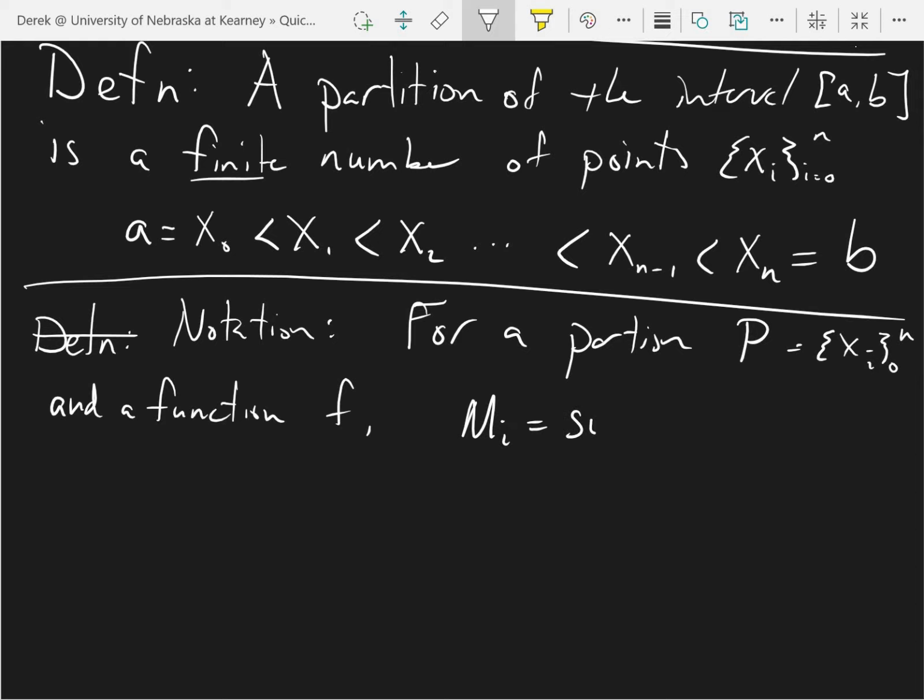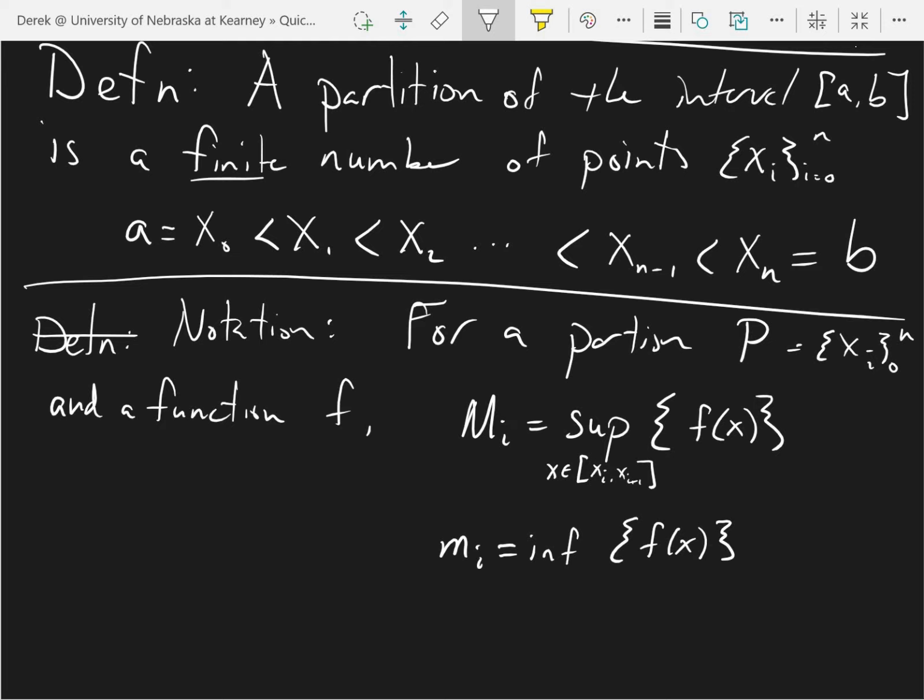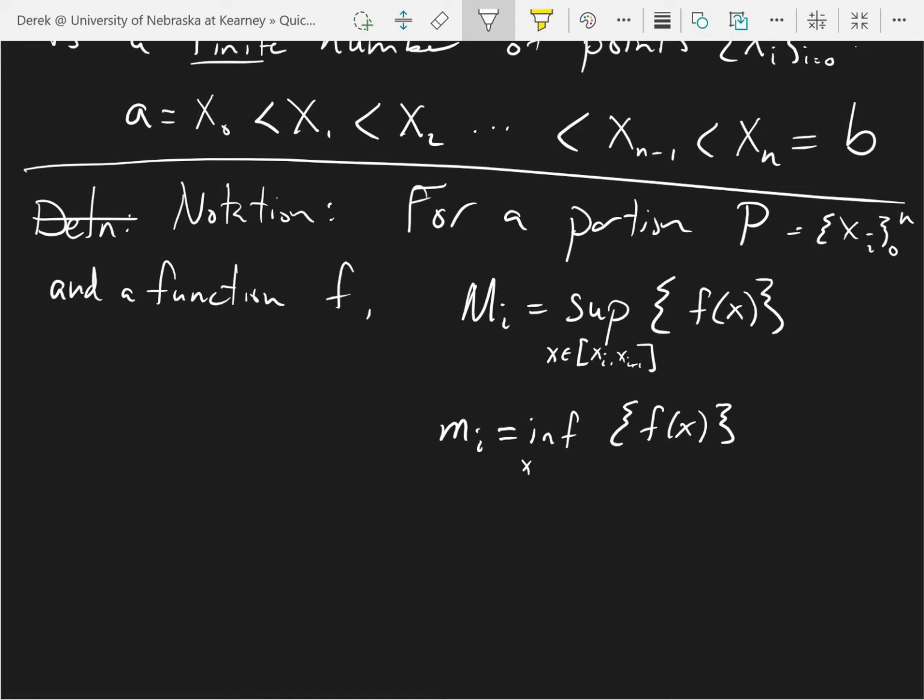Mi is going to be the supremum of f of x, where x is in the interval from xi to xi plus 1, and little mi is going to be the infimum of the f values running over the x values between xi and xi plus 1.